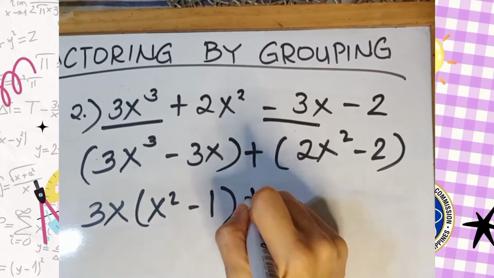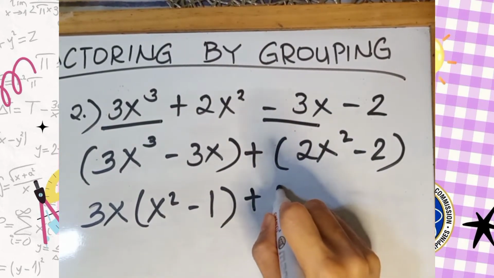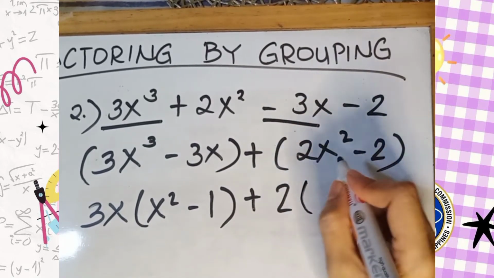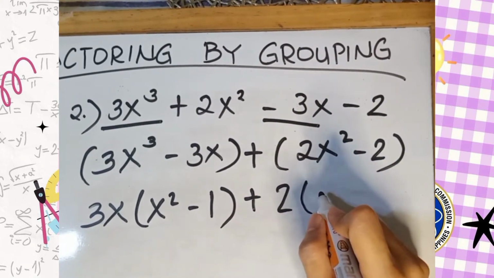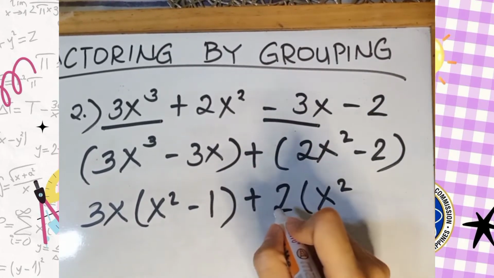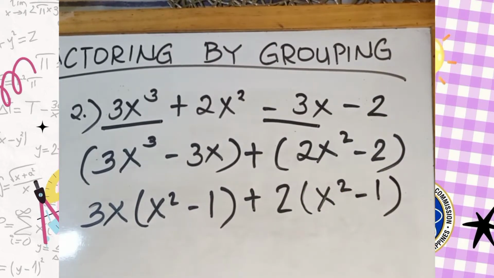Okay, so let's proceed to our second group. Here in our second group, the common factor is 2. So therefore, 2x squared divided by 2, that is x squared. And negative 2 divided by 2, that is negative 1.